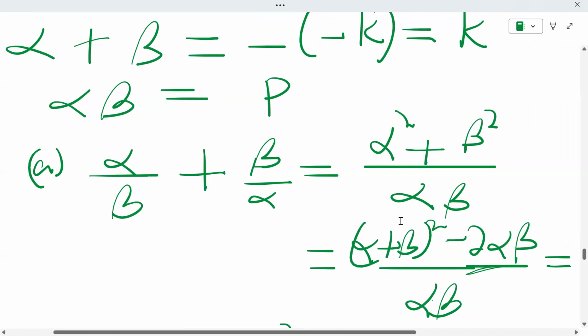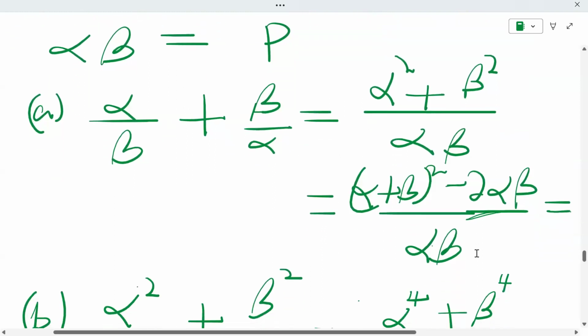So we can express this as alpha plus beta all squared minus 2 alpha beta. When we expand this, we shall get alpha squared plus 2 alpha beta plus beta squared. So when we maintain this 2 on one side, then we shall get this as alpha plus beta all squared minus 2 alpha beta.